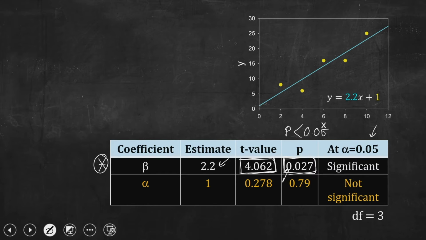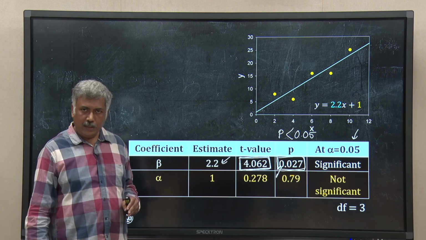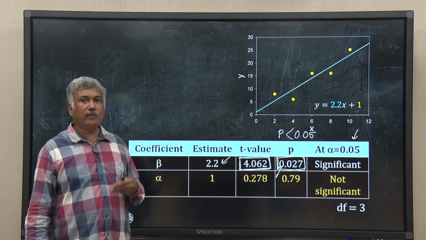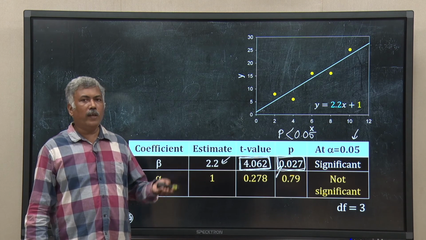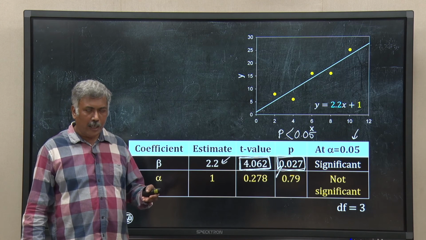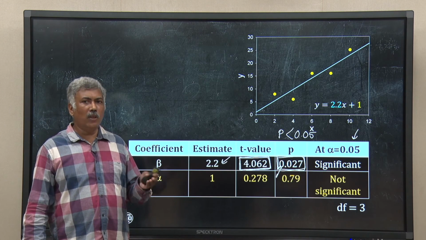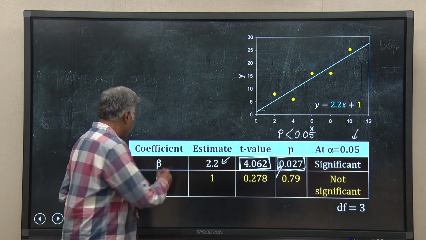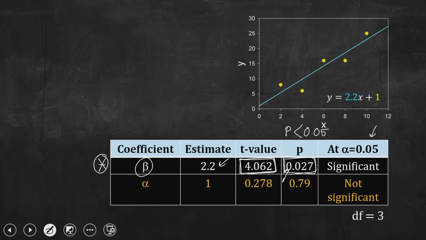So, that means I reject the null hypothesis. What is the null hypothesis? That beta is 0. If I reject it, that means I have to take the alternate hypothesis that beta is not equal to 0. That means my beta coefficient is significant. So, I should keep it in my model.